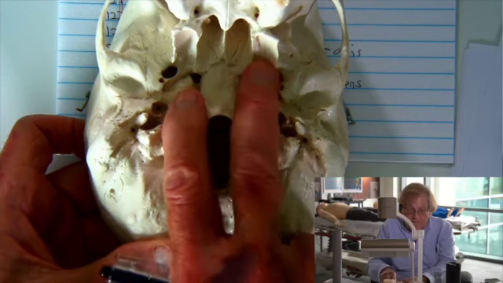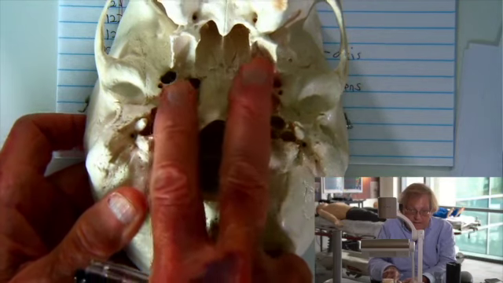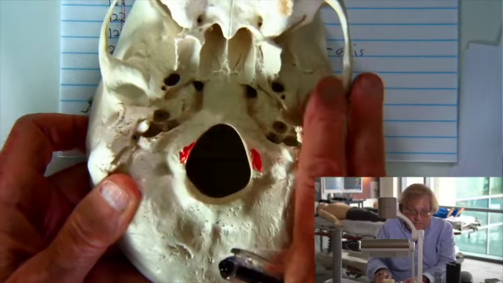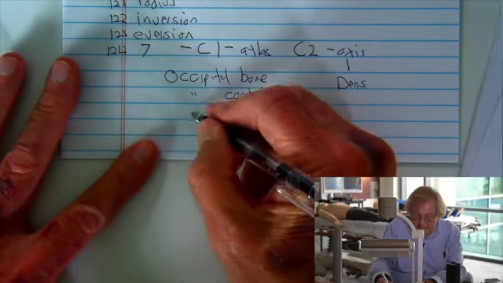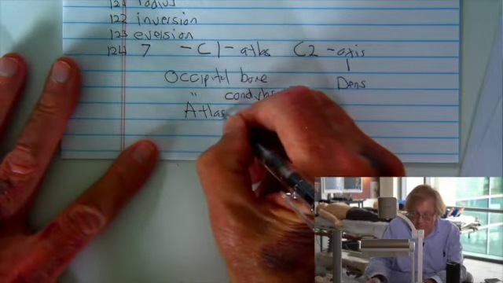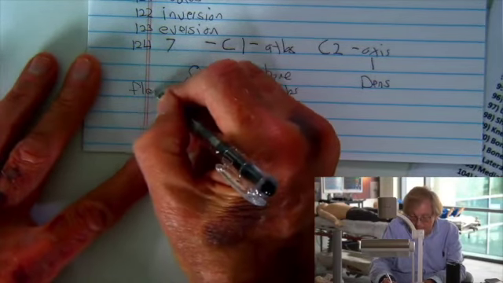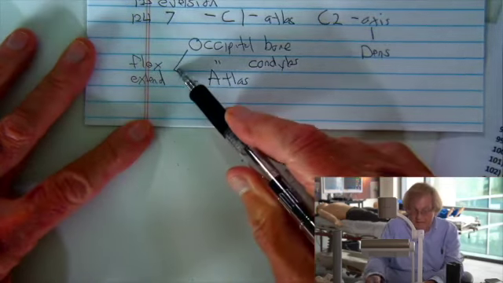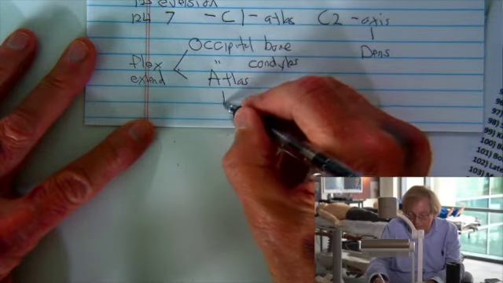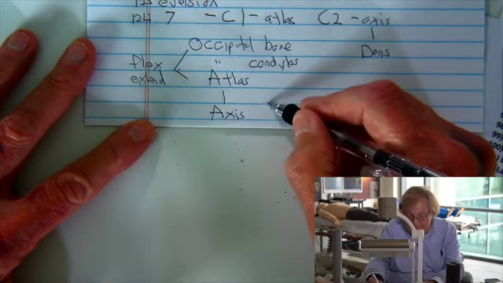Okay? That's a joint of the axial skeleton, up here. It's an axial joint, but that's between the cranial bone and the vertebrae. Now, below the occipital condyles is going to be the atlas. So that's where I'm going to have the movement of flex and extend. But if I go from the atlas, I'm going to have the other bone below that called the axis. And the axis is going to have this process called the dens.